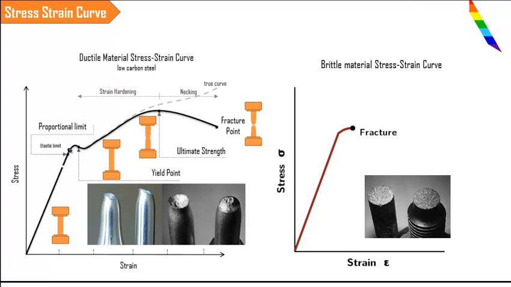The material is going to retrace this curve and is going to regain its original shape. So that has to be understood very clearly. If we release the load at the elastic limit, it is going to regain its shape. There will not be any kind of permanent deformation left within the material.